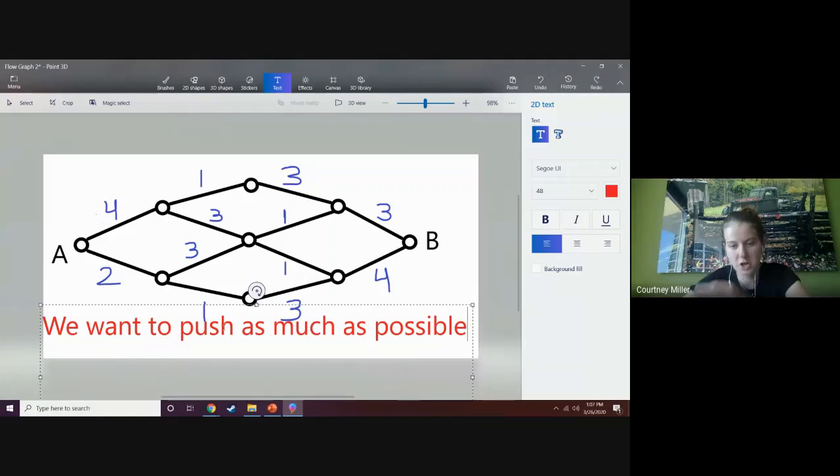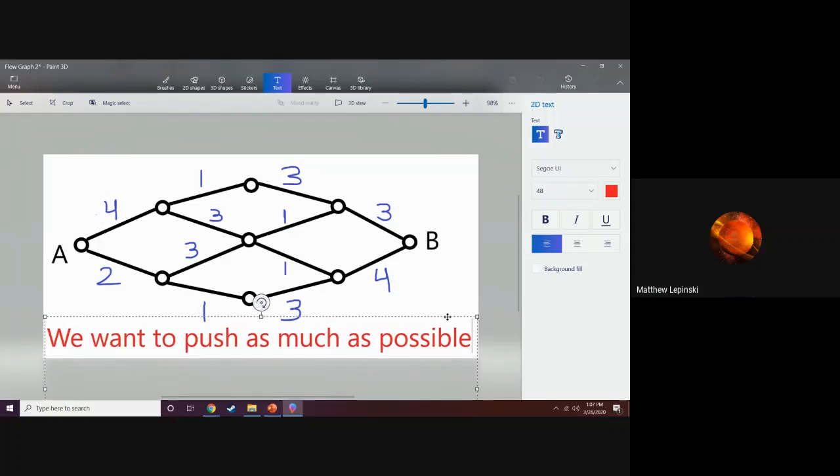So the objective of max flow is to avoid the bottlenecks then? Yeah. And this is why this is related to min cut, which again is something that we will talk more about on Monday.